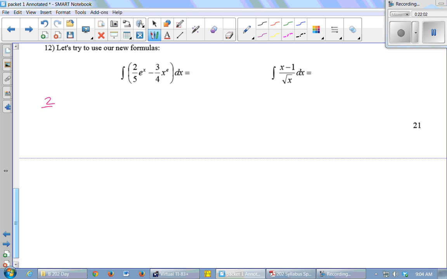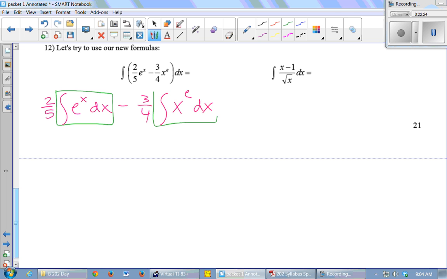So this would be 2/5 times the integral of e to the x dx minus 3/4 times the integral of x to the e dx. And then the integrals look much simpler, right? I've just got this one and this one.